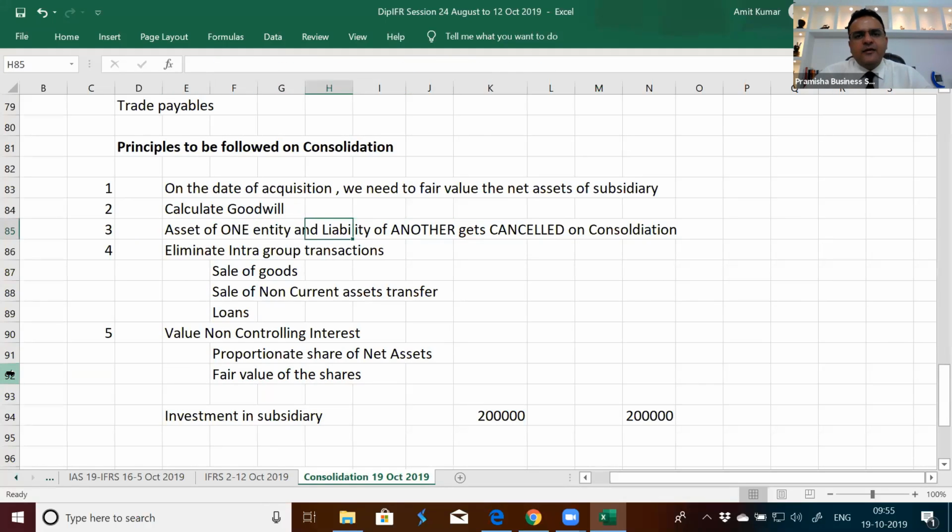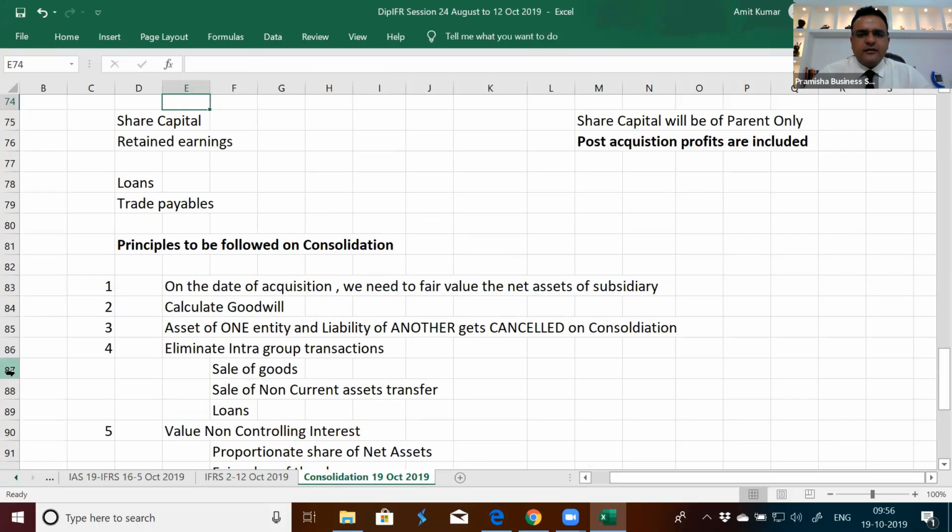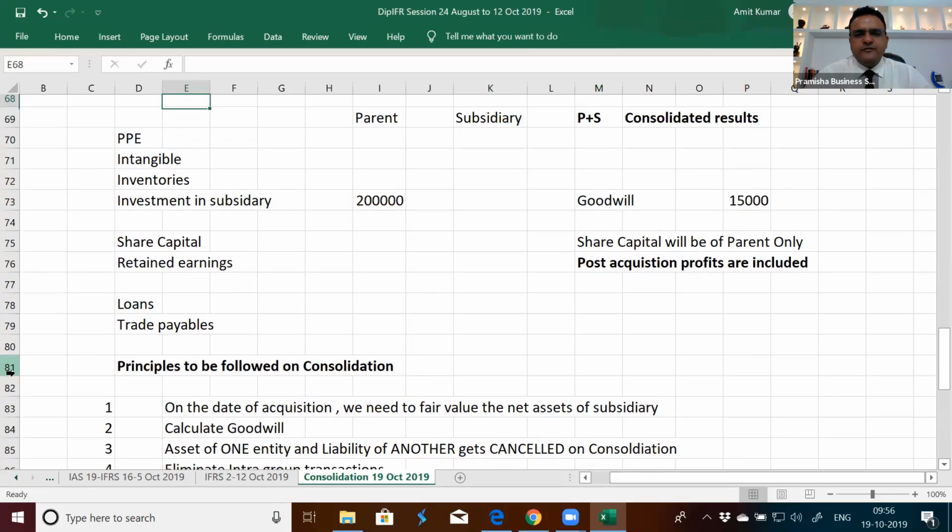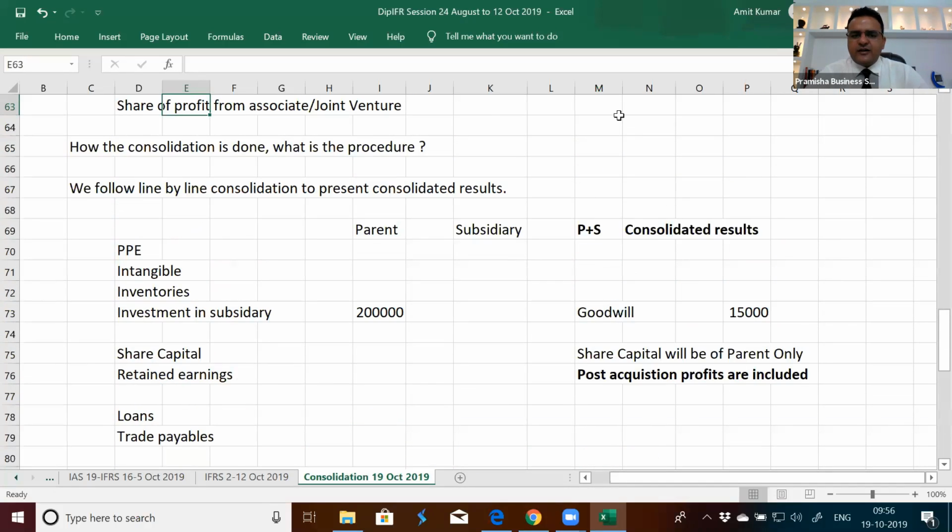If there is a loan provided by the parent to the subsidiary, that loan will get cancelled on consolidation because we cannot give a loan to ourselves. Intra-group transactions are eliminated on consolidation. Is this clear? Hello? Any questions till now?